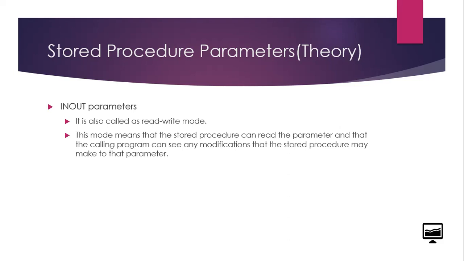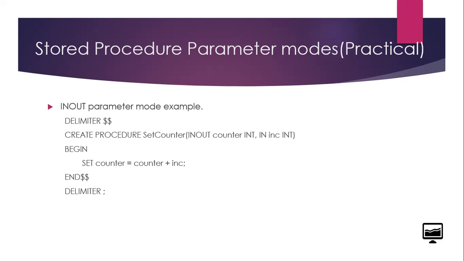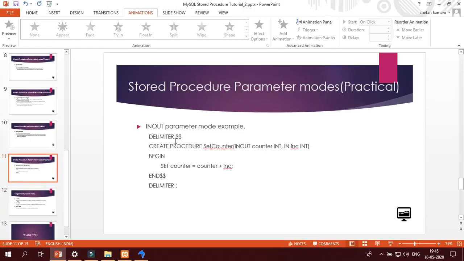I hope you might wonder, if we have INOUT, then what is the reason for IN and OUT parameter modes? I will explain later. Let us see the example of INOUT parameter mode.